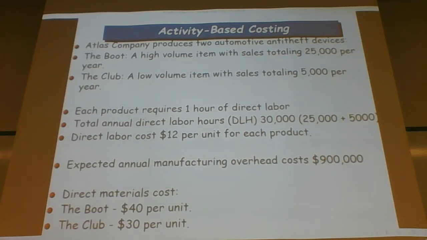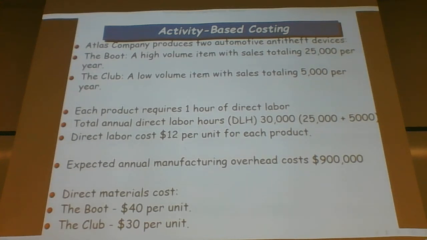It's an automotive anti-theft device manufacturer, and they have two products. The first product is the boot, and it says that this is a high volume item with sales totaling 25,000 units per year. And they have the club, a low volume item with sales totaling 5,000 units per year.